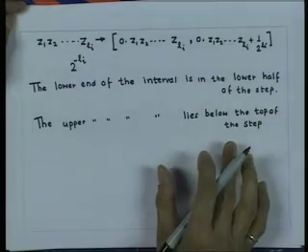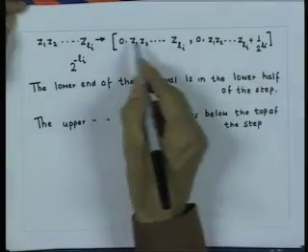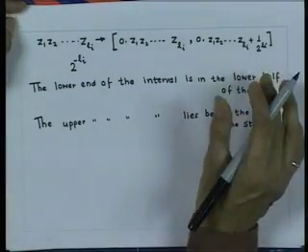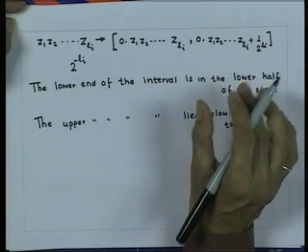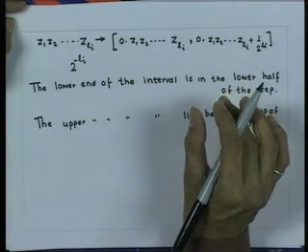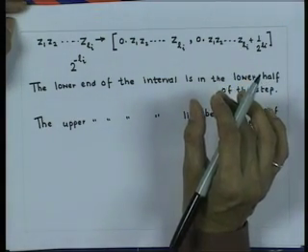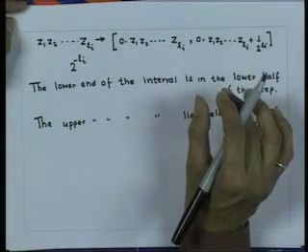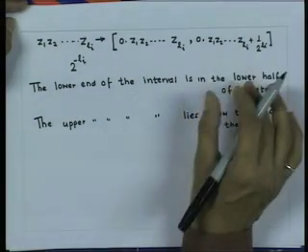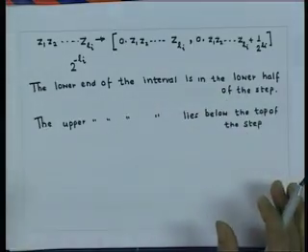And therefore, the interval corresponding to any code word lies entirely within the step corresponding to that symbol in the cumulative distribution function. Therefore, the intervals corresponding to different code words are disjoint and the code is prefix free.